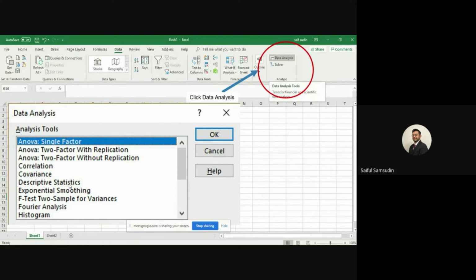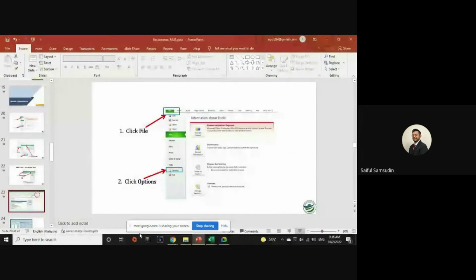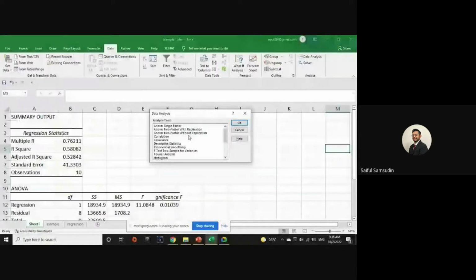So here we got not few, but so many analysis tools. You can see, you also can use t-test. You can use regression, of course, and histogram. So it's all in your Excel.